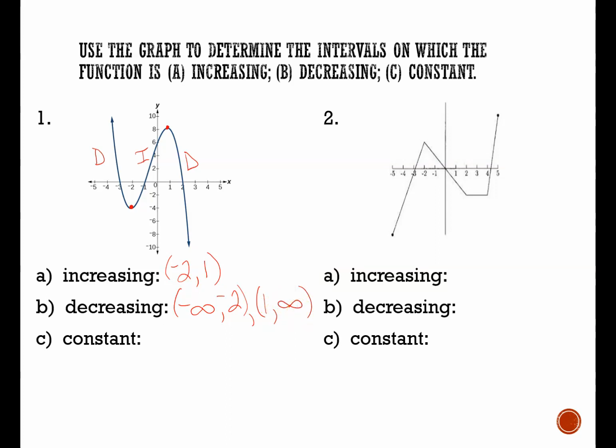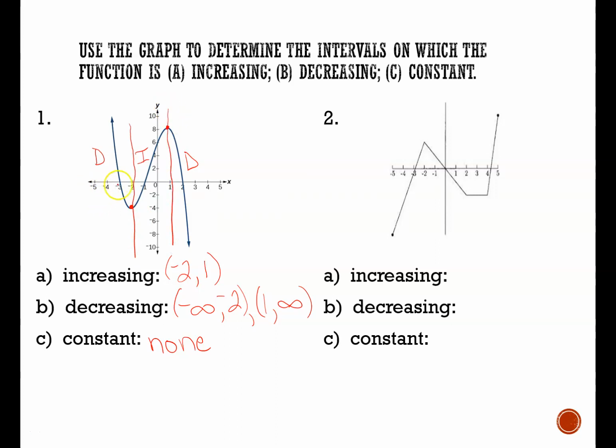There are no constant intervals in this graph. So for constant, go ahead and write none. If it helps you to maybe draw a vertical line through the points where the graph turns, you could do that. I can't do it very well with this pen. It doesn't allow me to draw very straight, but certainly if you wanted to, you could draw it through there.